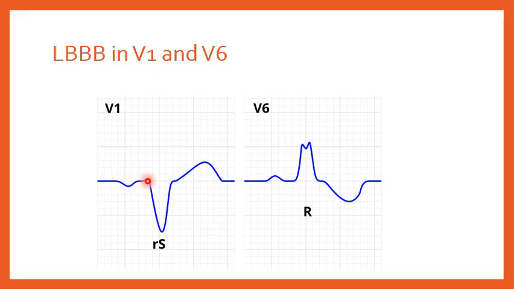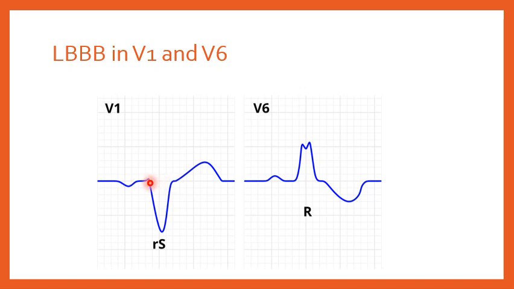That little itty bitty baby R there represents activation of the right ventricle. And then all impulses are sent left. And keep in mind, over here in V1, we're looking at it from V1's point of view, so it looks at the right side of the heart. So when all impulses after right ventricular activation are sent left, you can see why we wind up with this big negatively deflected complex.